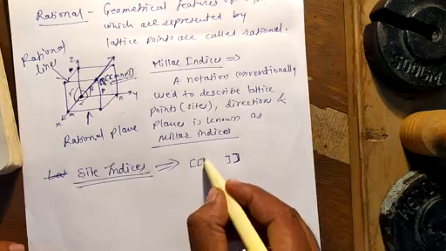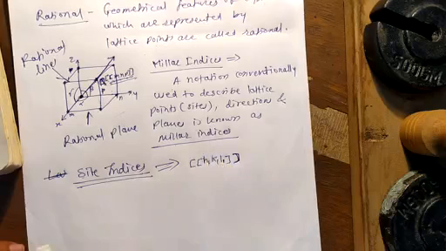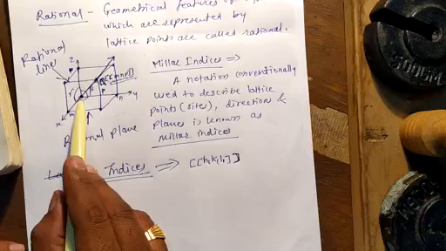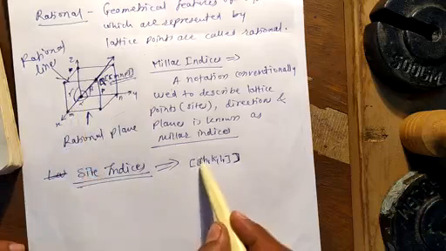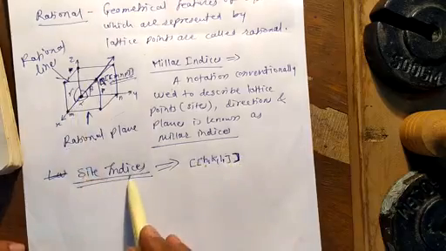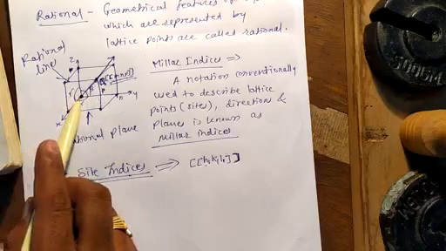That is, suppose we consider here h1, k1, l1. These are the coordinates of any point with respect to this origin. And if we represent it in the double square bracket, then this represents the site indices of that particular lattice point with respect to the origin.